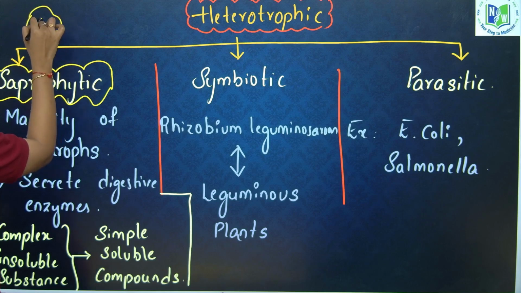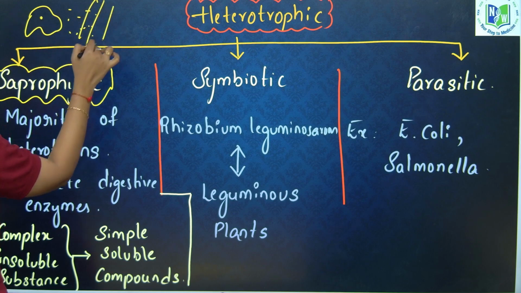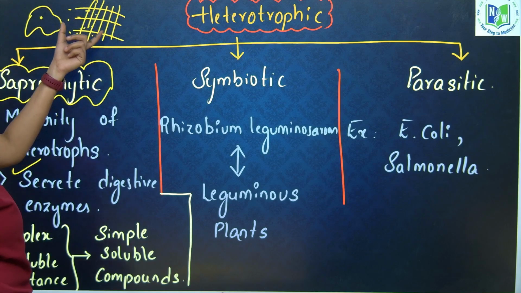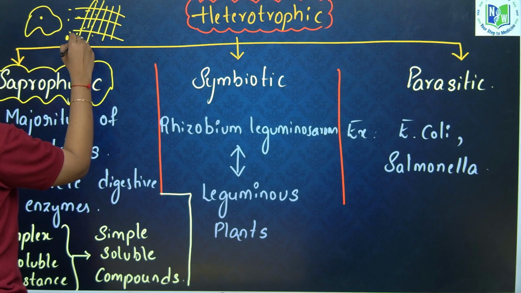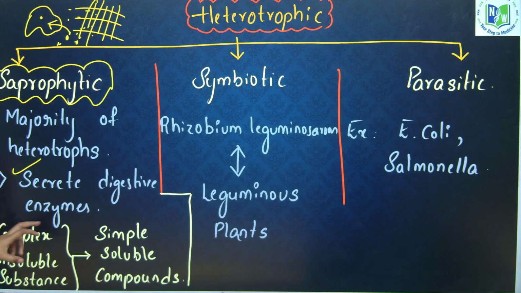These digestive enzymes will break the complex bonds present in the organic matter. After simplification, the bacteria will ingest those simple molecules. Complex insoluble substance is turned to simple soluble compounds and they will take the simple soluble compounds.